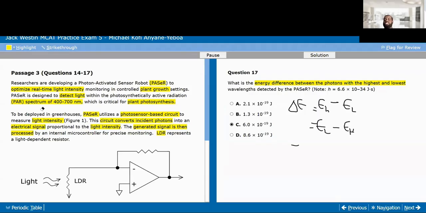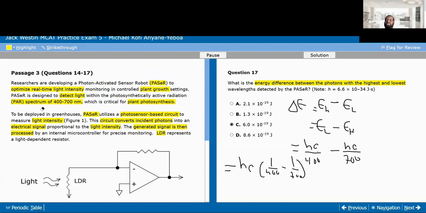So now that we know energy is our Planck's constant multiplied by speed of light divided by lambda, first lambda, the lowest lambda was 400. We have the same on top divided by 700. If I want to write it in a way that will make it easy for me to see, it's going to be hc multiplied by 1 divided by 400 minus 1 divided by 700, right?